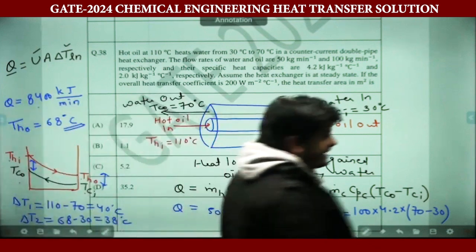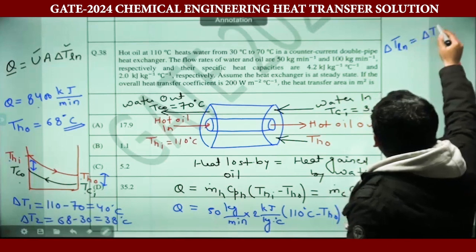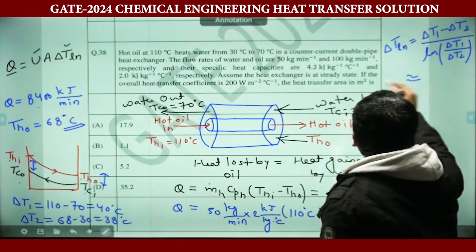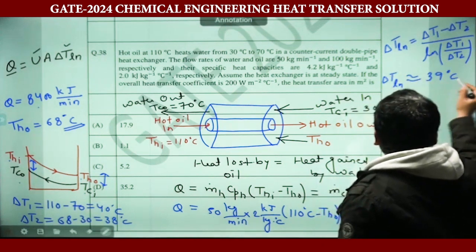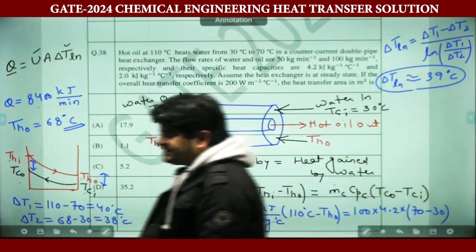So you can easily calculate the LMTD now. I believe you know the equation. So when you put the values, you will get delta T ln approximately 38.99, or we can write it as 39 degrees Celsius.